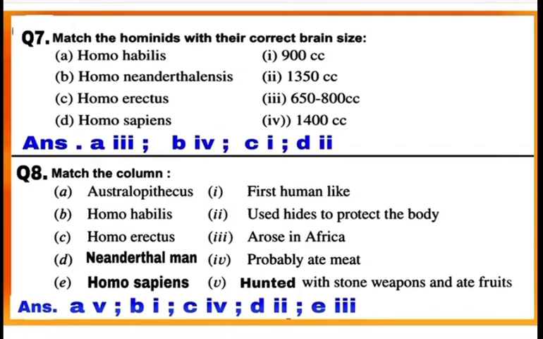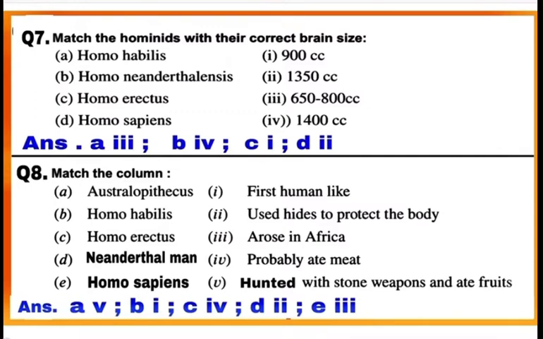Question number 8. Here also match the two columns. A. Australopithecus. They probably lived in East African grassland and they hunted with stone weapons and ate fruits. B. Homo habilis were first human-like being. C. Homo erectus arose about 1.5 million years ago and they probably ate meat.